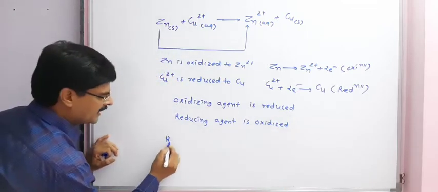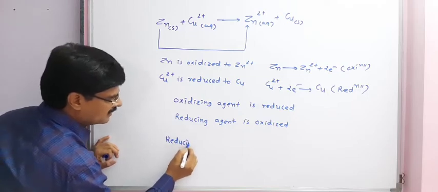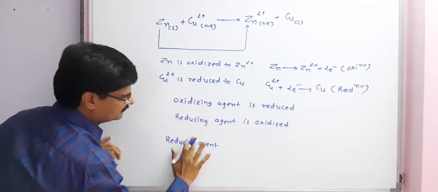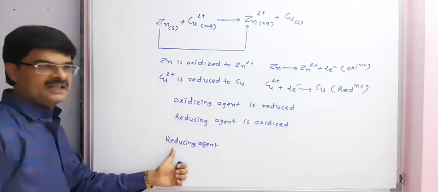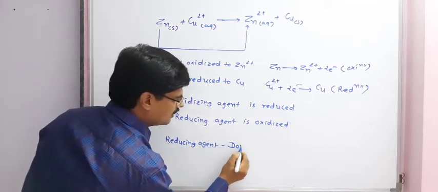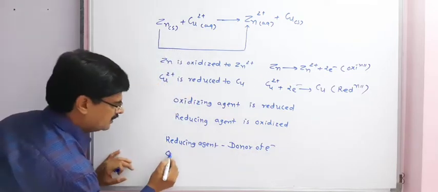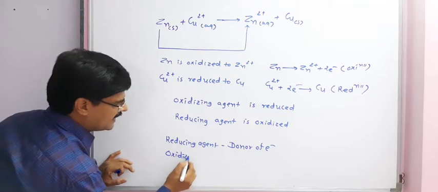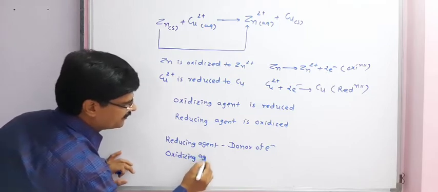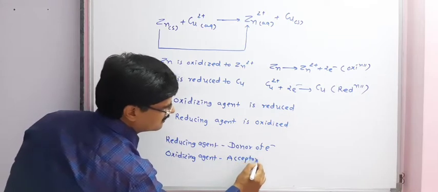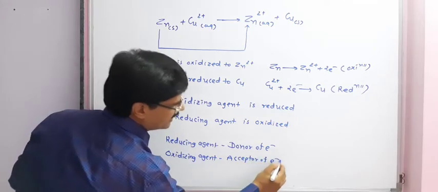So simply we can write, reducing agent is the donor of electron and oxidizing agent is the acceptor of electron.